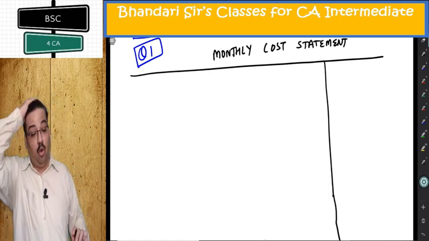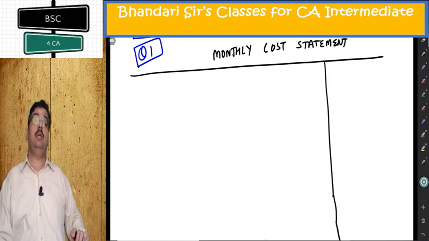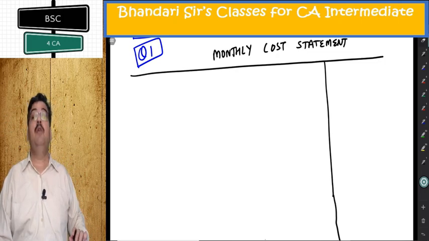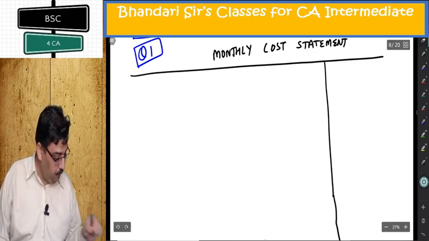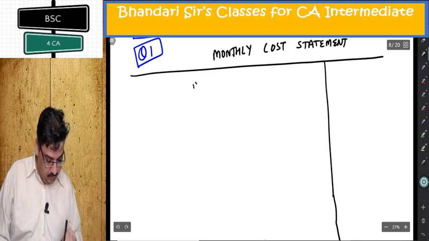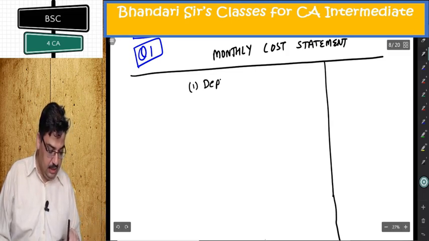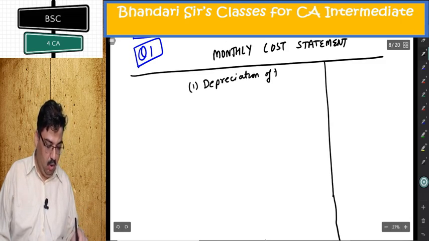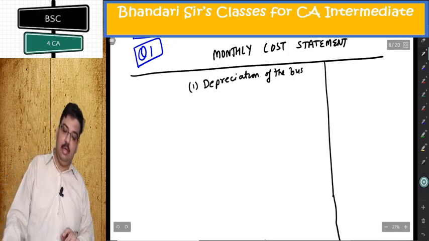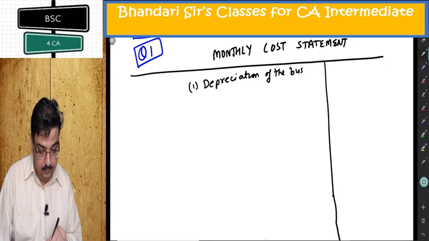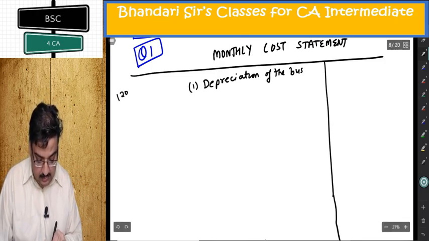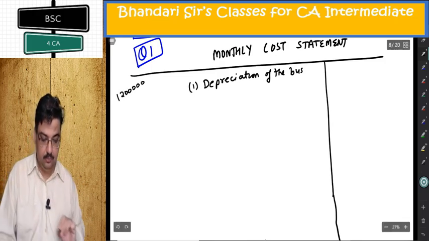First you are given cost of the bus. The cost of the bus I don't put directly. I want to put depreciation of the bus. So I am writing there first item, depreciation of the bus. I should calculate here itself, or alternatively I can make a working note also for this. 12 lakh is given as cost.